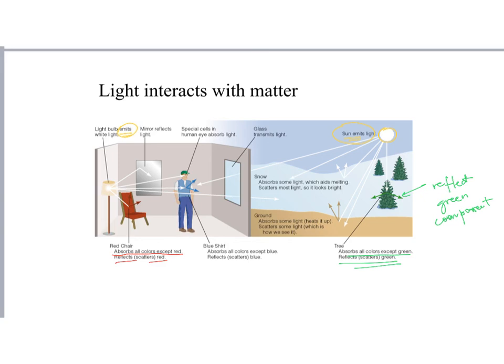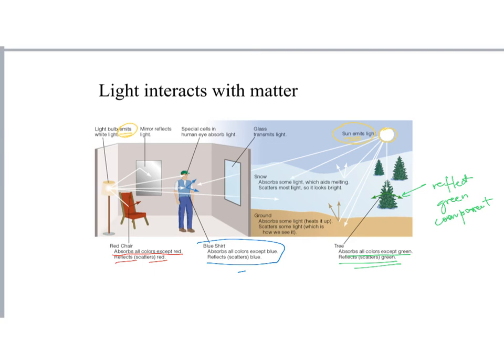Every other component of the white light or the light that's coming from the sun are going to be absorbed. And the same thing here. Same idea. Light is absorbed, and then some components or only one component is going to be scattered or reflected.